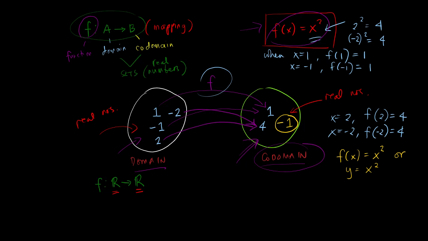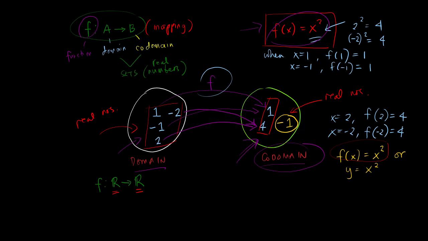Remember that we got these numbers 1 and 4 by substituting the values here in the domain in this function. So whenever x is 1, f becomes 1. Whenever x is equal to 2, f becomes equal to 4, and so on and so forth.